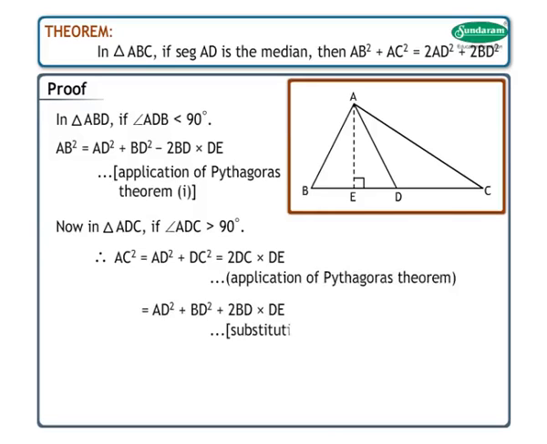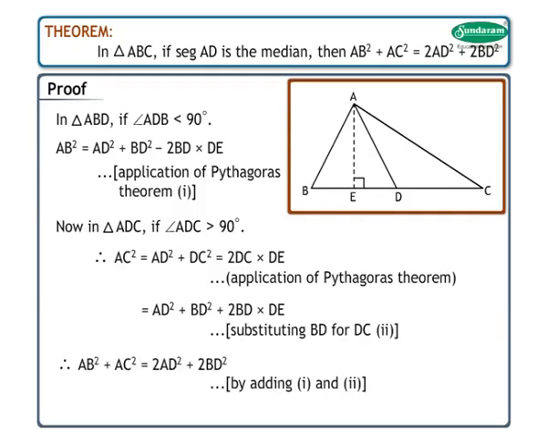Thus, by substituting BD for DC, we get AD square plus BD square plus 2BD into DE. Mark this as statement 2. Therefore, by adding 1 and 2, we get AB square plus AC square is equal to 2AD square plus 2BD square. Hence, the theorem is proved.